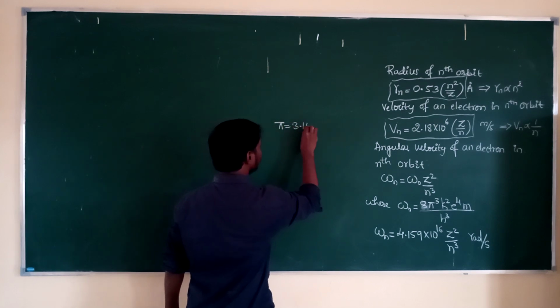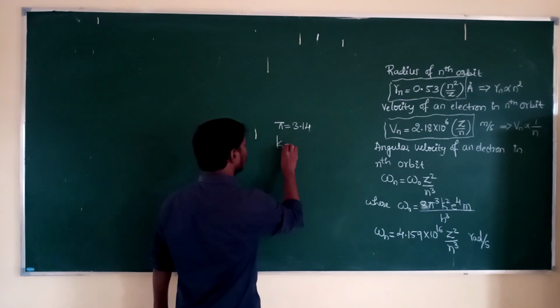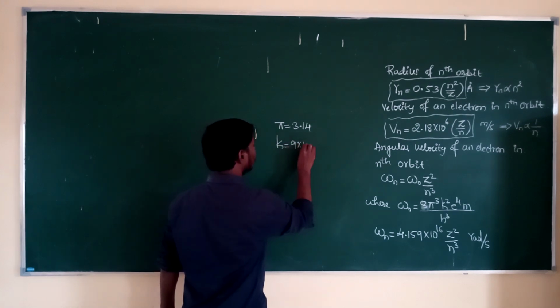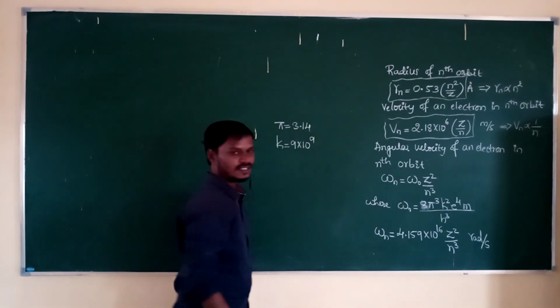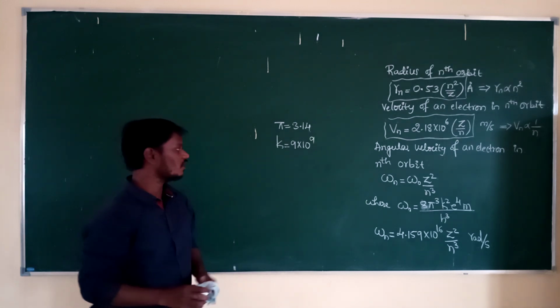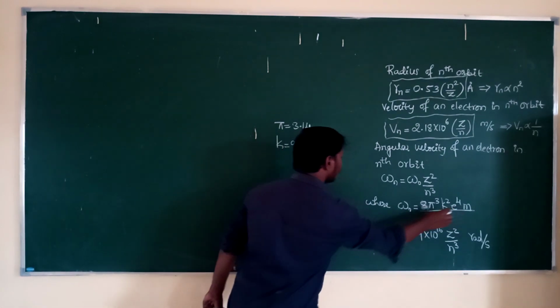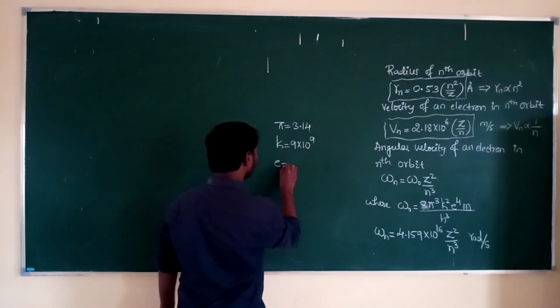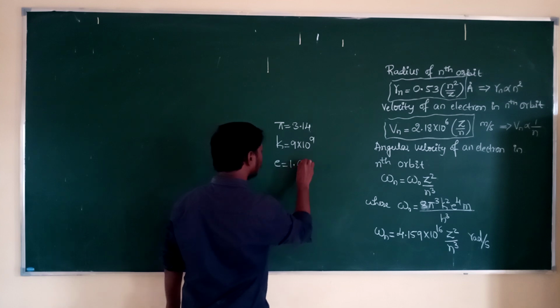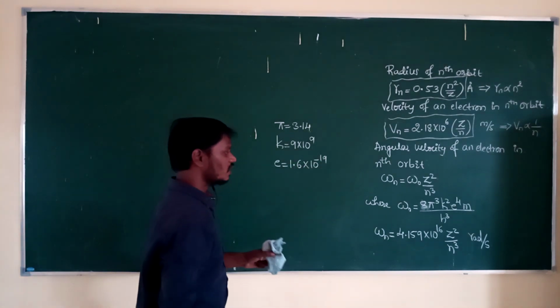Pi value is 3.14. And what about the k value? The k value is 9 × 10^9. K is nothing but 1/(4π ε naught). What is the value of 1/(4π ε naught)? That is 9 × 10^9. Then what is the value of e? That is 1.6 × 10^-19. Then what is the mass of the electron?